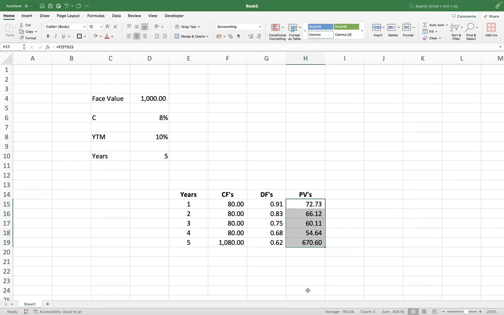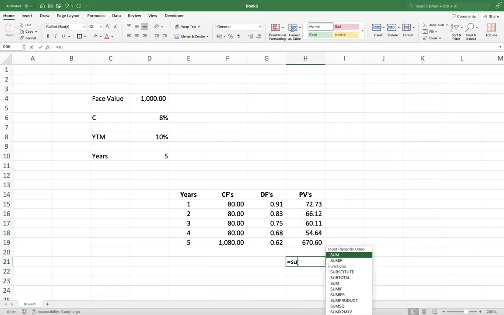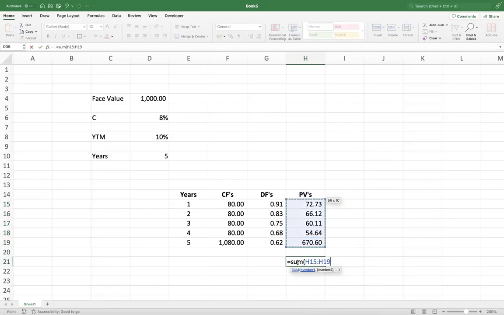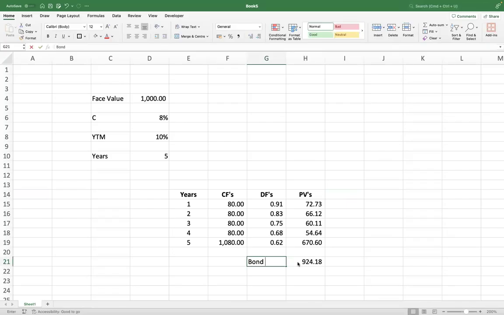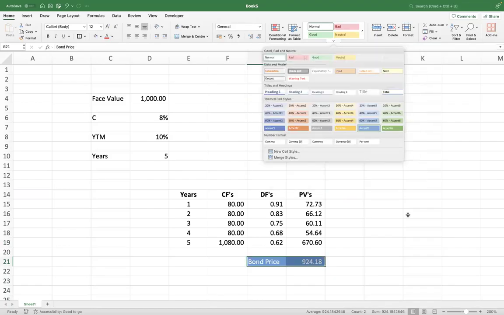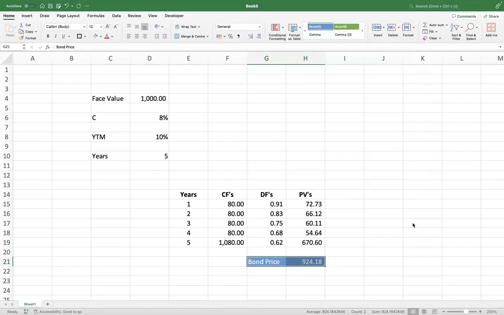And then add it up. This is your estimated bond price. So any logical investor would be willing to pay $924.18 for this bond, assuming that he's expecting a 10% yield annualized, which is prevailing in the bond markets.